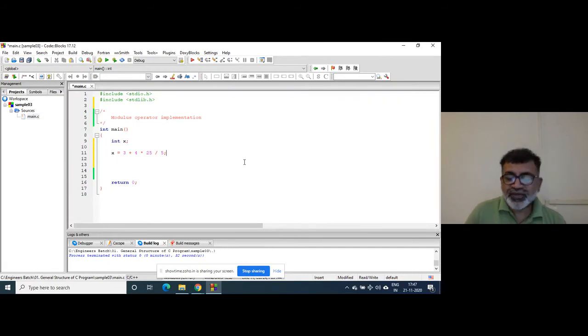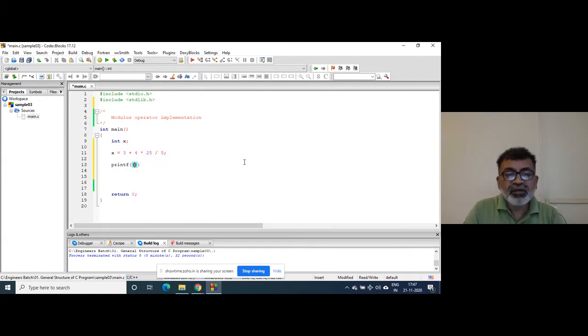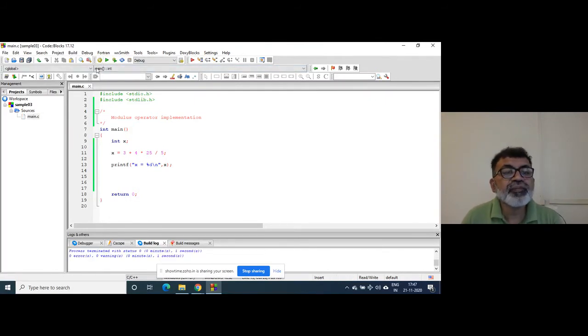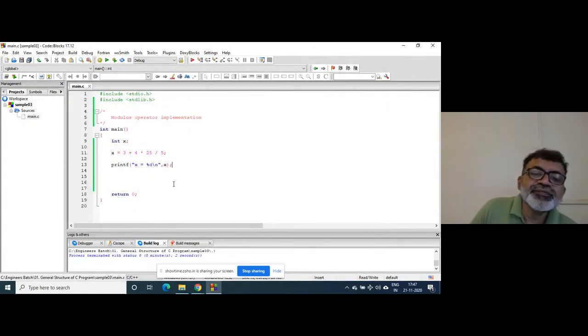So see the difference. If I write printf x is equal to percent d, x, let's check what the output is. That is, x is 23.